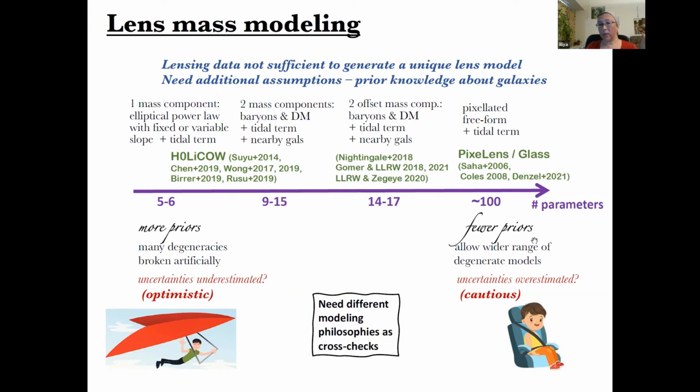On the other hand, you have fewer priors on the right-hand side, and so you allow a wider range of degenerate models and your uncertainties could be overestimated. This represents a more cautious attitude or approach to lens modeling. In my opinion, you need different types of modeling philosophies in order to constrain systematics.